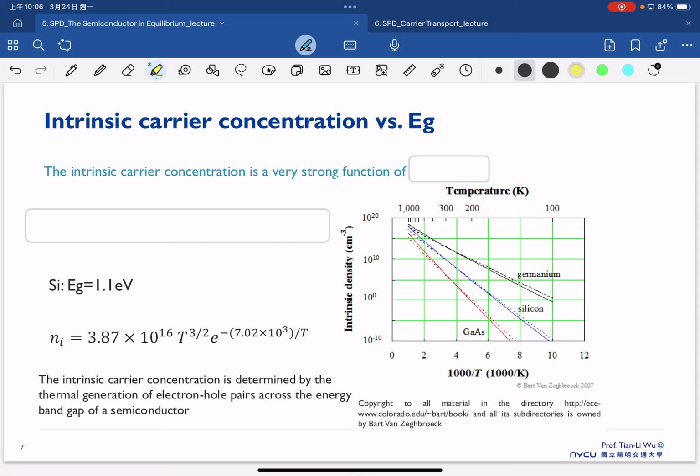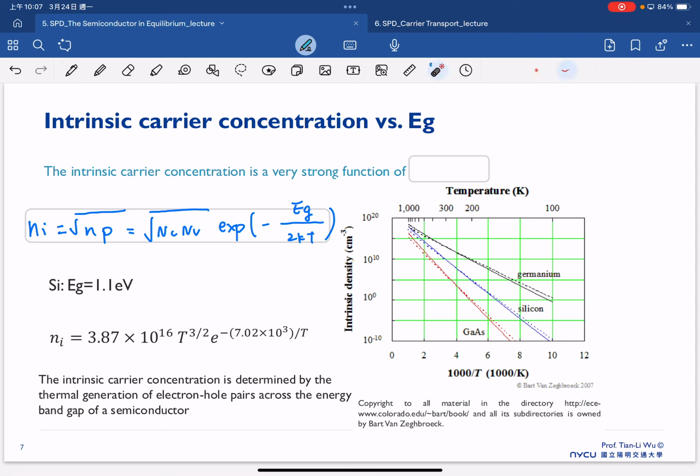So basically, with a very simple calculation, now we can have Ni equal to this one, which in the end is equal to this one. That means the intrinsic concentration is a very strong function of the temperature.